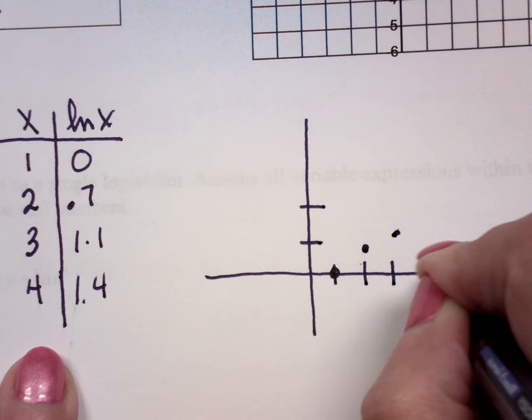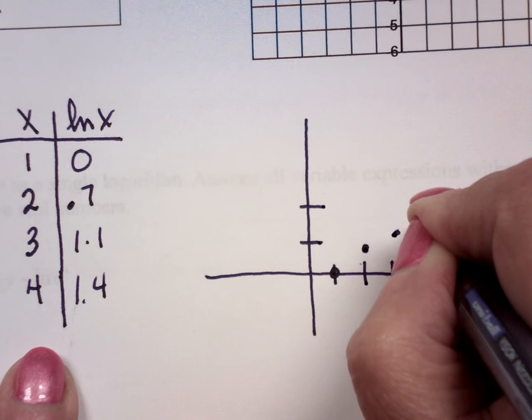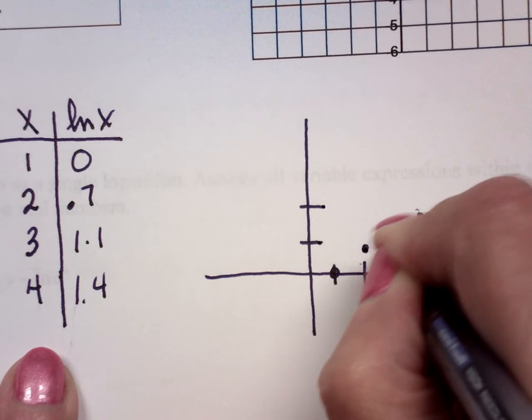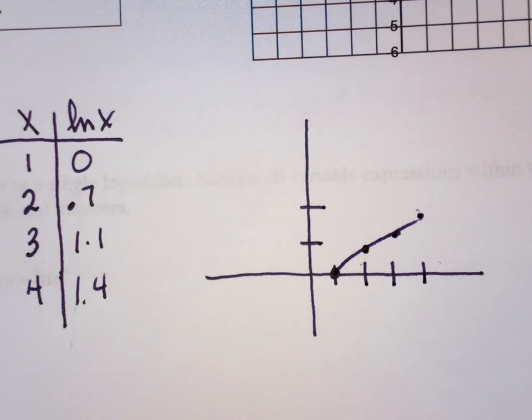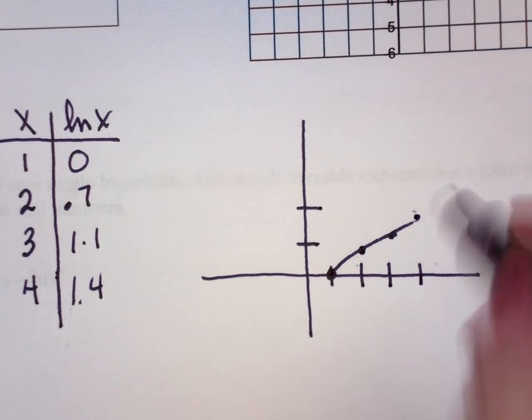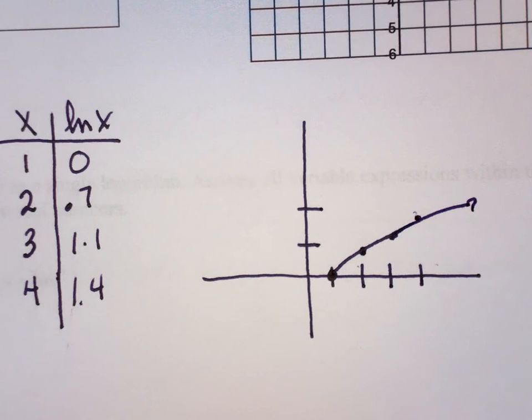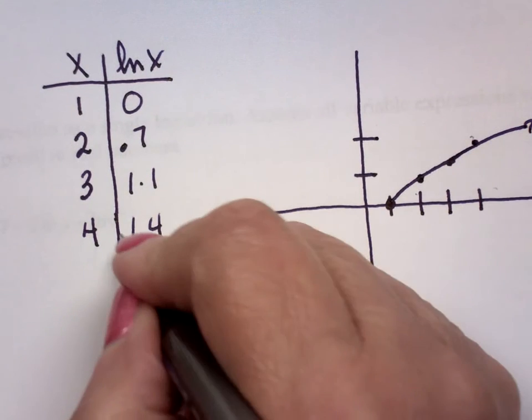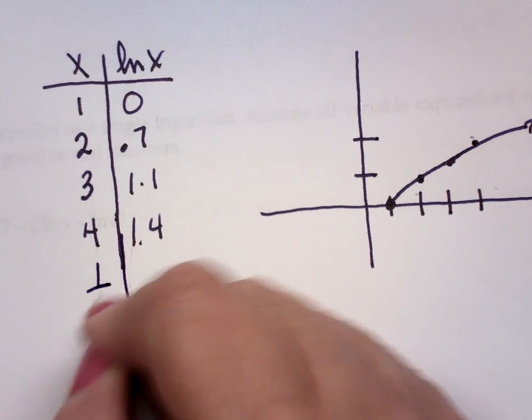At x equals 4, I'm about 1.5. Now you really have to know what this thing does. What your book does then, it says, well, I know this guy's going to go out, and I don't know what he does the other way. So then it says, okay, I'll put in x equals 1/2.